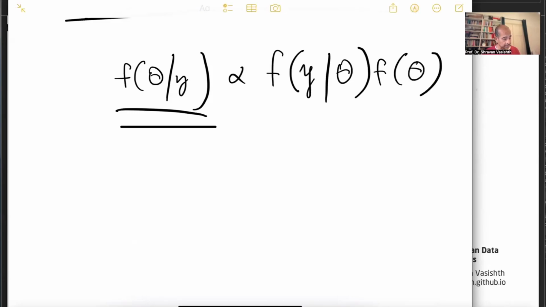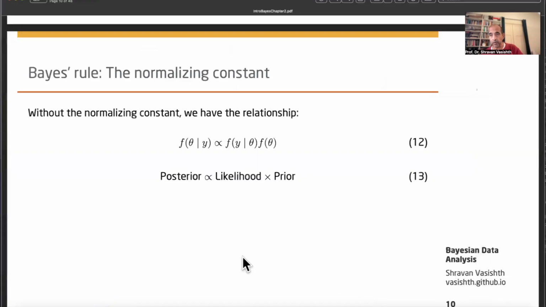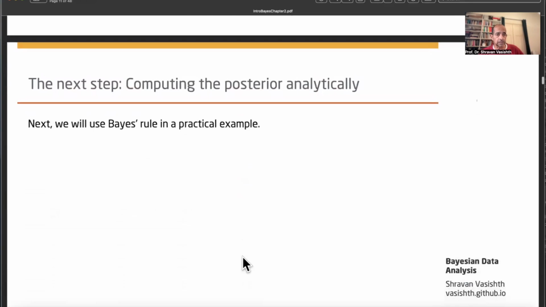Once I know this probability density function, if I want to make it into a proper probability density function, namely making sure that the area under the curve sums to 1, I can work out the normalizing constant once I know the form of this probability density function. This is discussed in chapter 1, by the way, so just go back and look at it in case you haven't seen it.